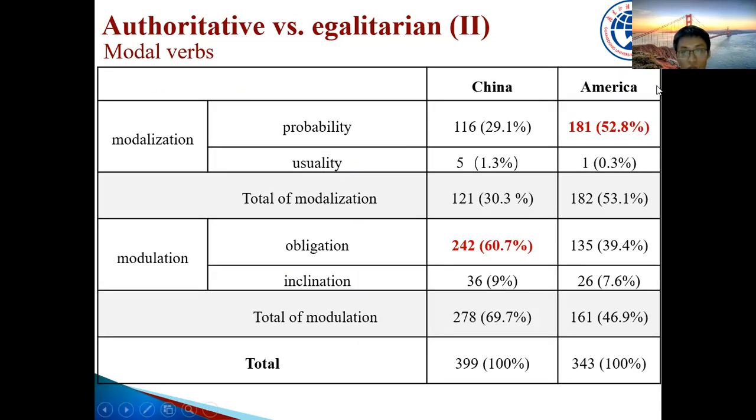The results are as follows. The Chinese corpus has more modulation modal verbs, especially the obligation ones, telling what one's obligation is, and the American university has more modalization modal verbs, telling the prediction of the probability of events. So it is about planning and scheme.